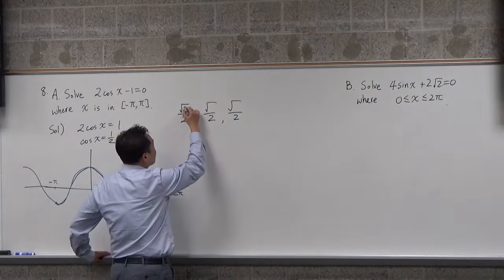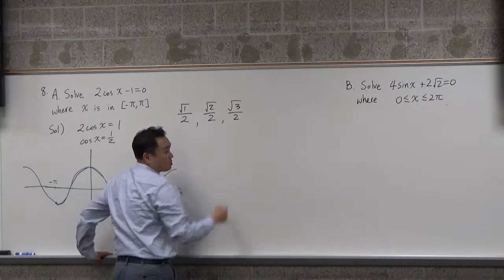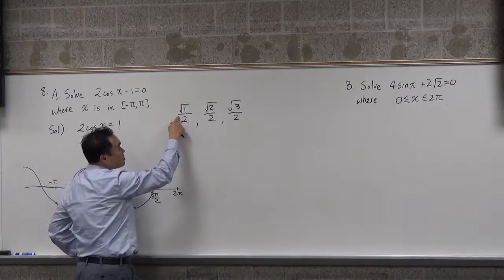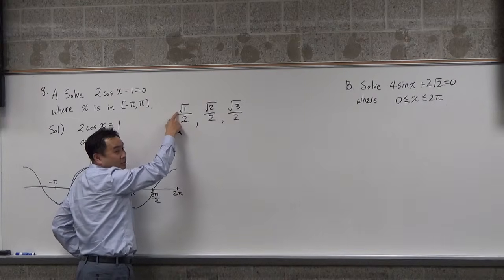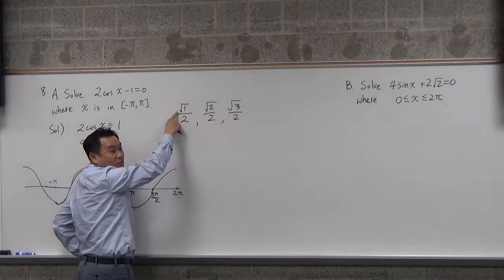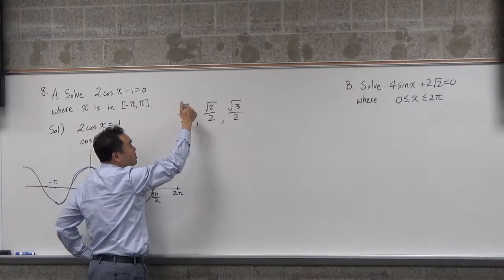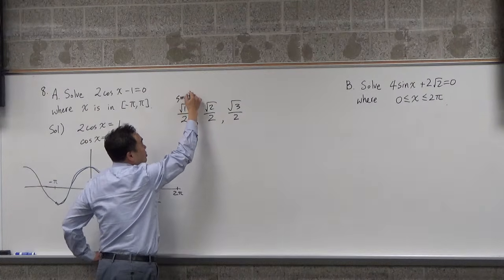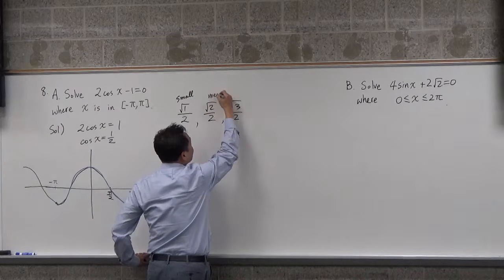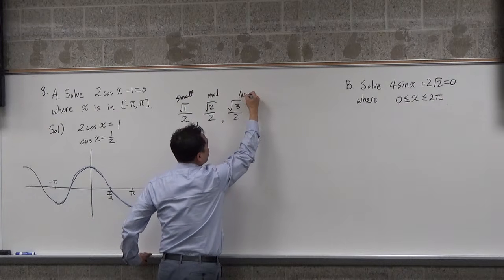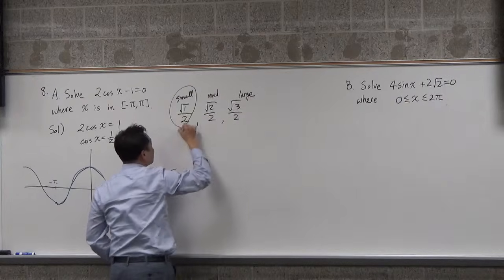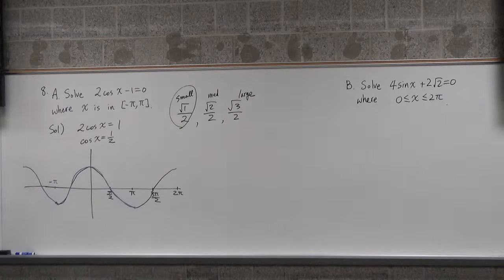Their values are 1, 2, 3, so it's very easy to remember. I'm purposely writing it like this, but square root of 1 is 1, so this really is just 1/2. And we say this is small, this is medium, and this is large. And that means we're looking for the small size.